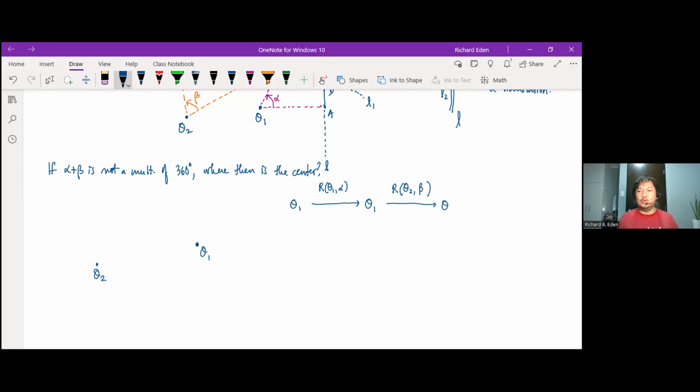Let's call it O1 prime. But because the center is O2, then that means O2O1 is the same as O2O1 prime. Okay, why are they equal? Well, because O1 prime is the image of O1, and so their distances from the center O2 should be the same. Okay, so let me draw that here.